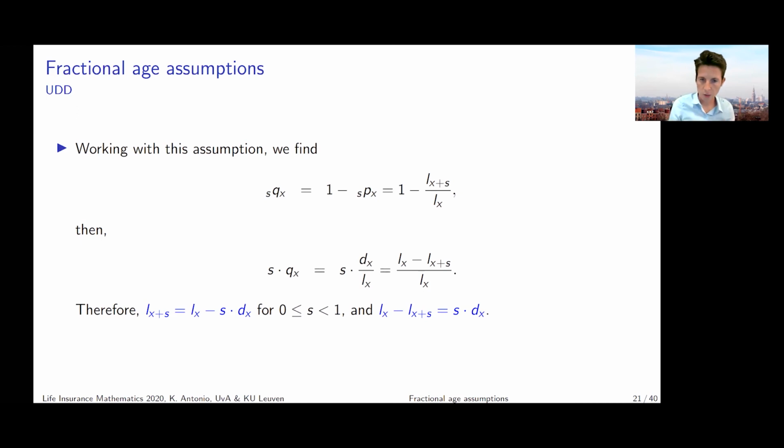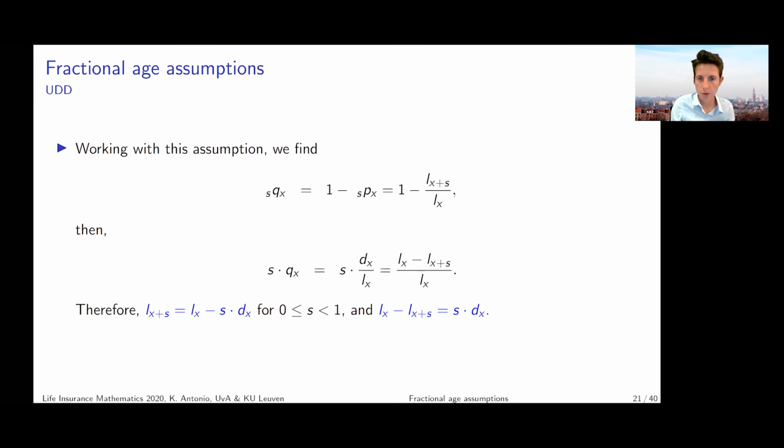So that's where the name is coming from. You here have the uniform distribution of deaths. You know that in total at age x, the expected number of deaths is dx, and you're going to spread that uniformly between x and x plus 1. That's what this assumption then reduces to.